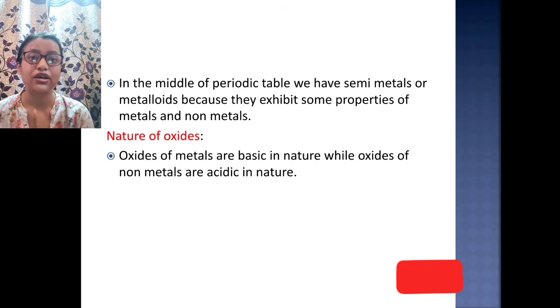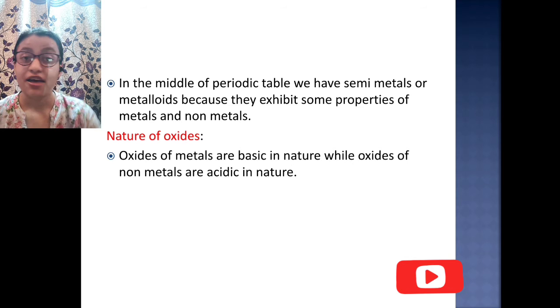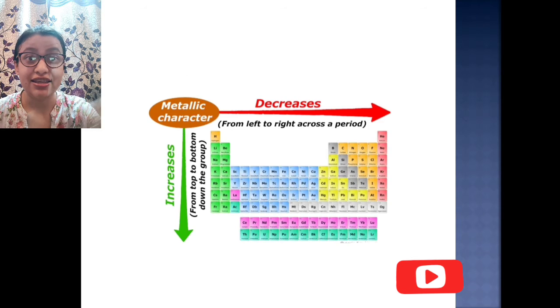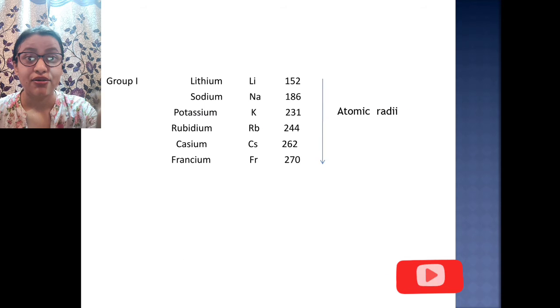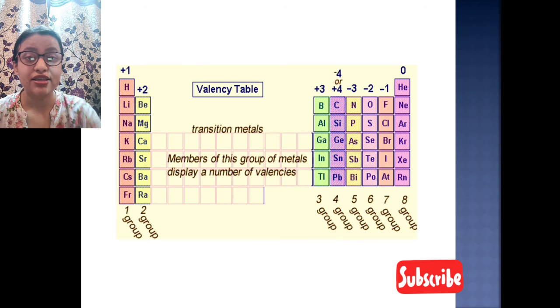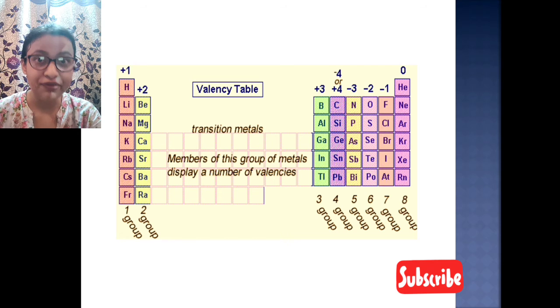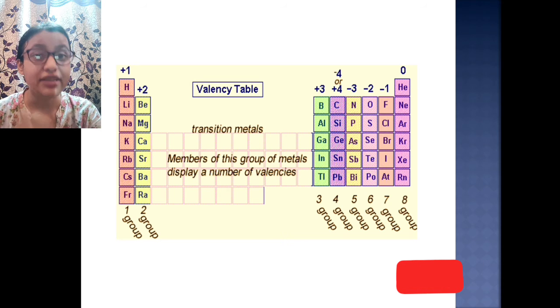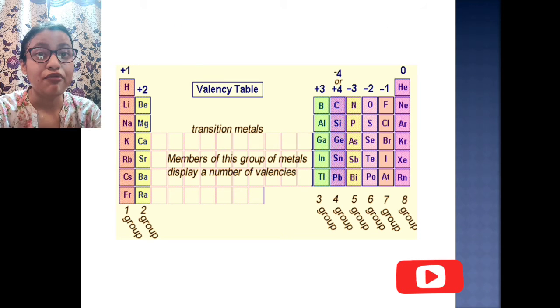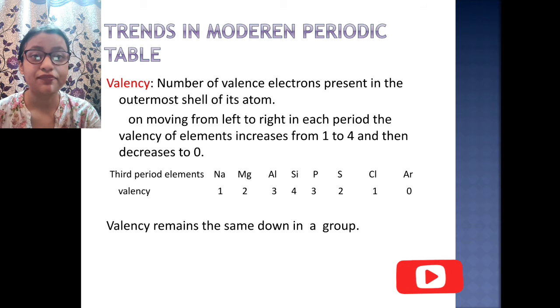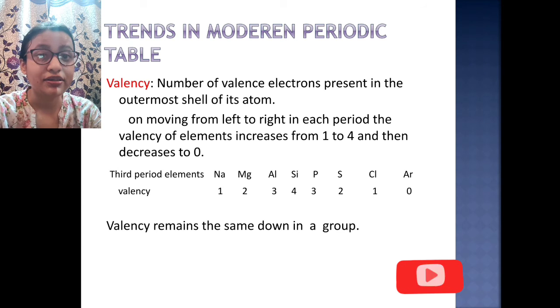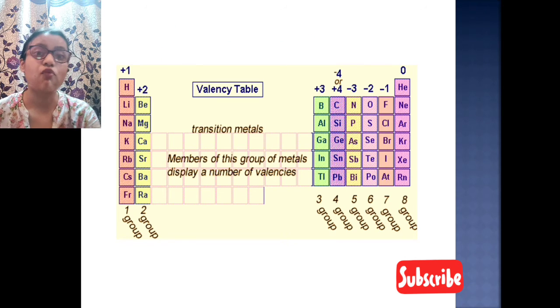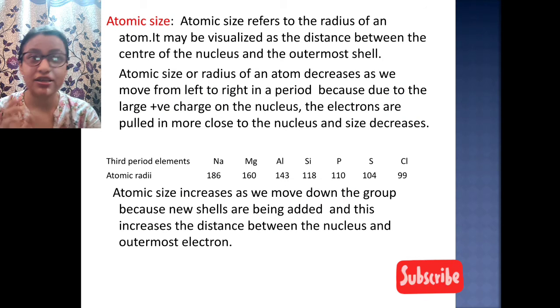So we got the different trends in the periodic table. The first one is valency. In the case of the group, it remains the same, but in the case of the period, when you move from left to right, the valency of the elements increases from 1 to 4 and decreases to 0. Next we got the atomic size.